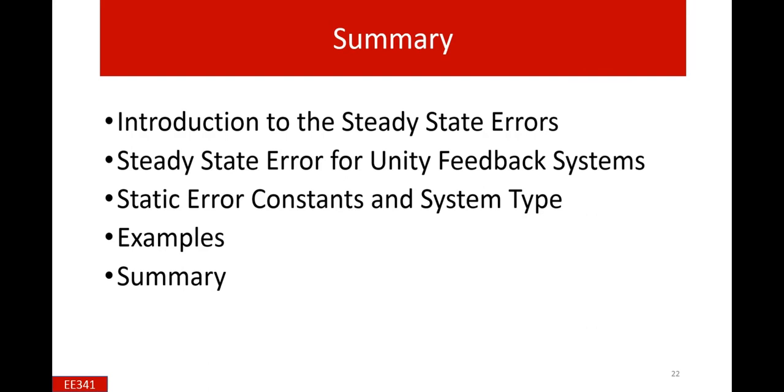And now our main focus in this lecture is to find the static error constants and the corresponding steady state error with different types of systems, type 0, type 1 and type 2 systems, and try to make a whole summary in a more condensed way. So try to apply these techniques on different types of systems and make the summary in your own words and in your own format. It will be helpful in the long run to design the controllers. Thank you so much.